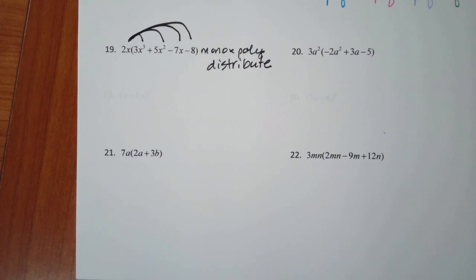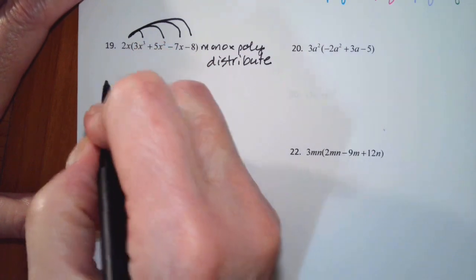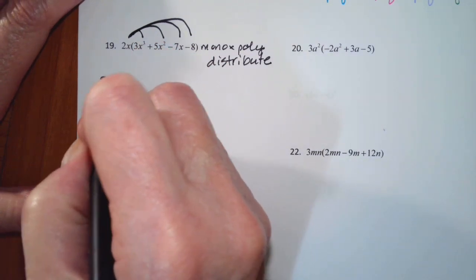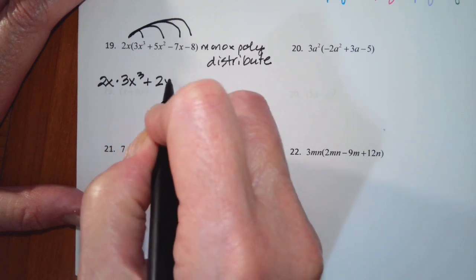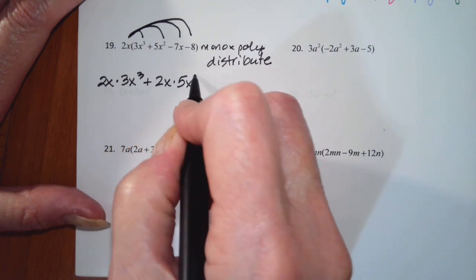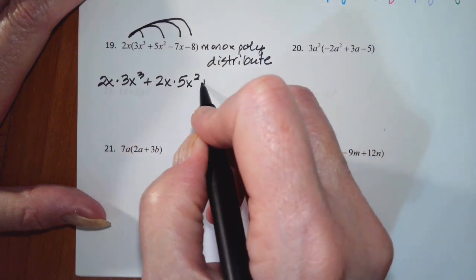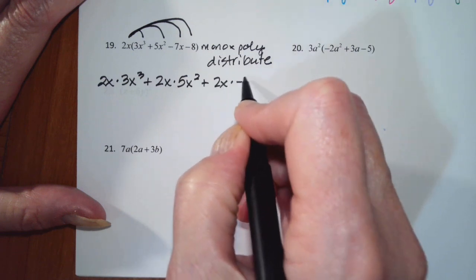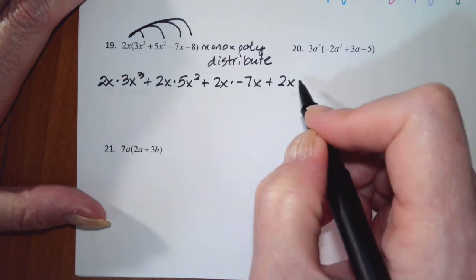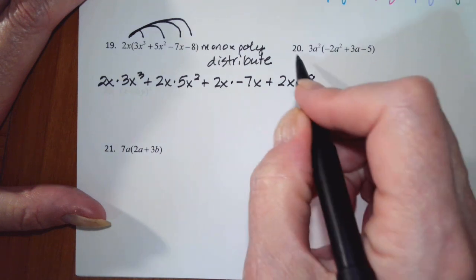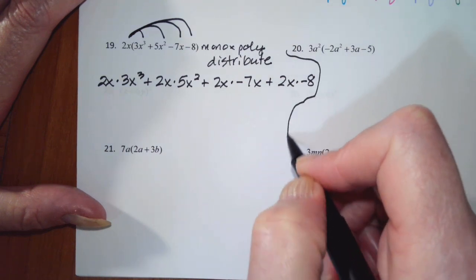Now for this first one, I'm going to go ahead and show you exactly what we're doing here. So this becomes 2x times 3x to the third plus 2x times 5x to the second plus 2x times negative 7x plus 2x times negative 8.